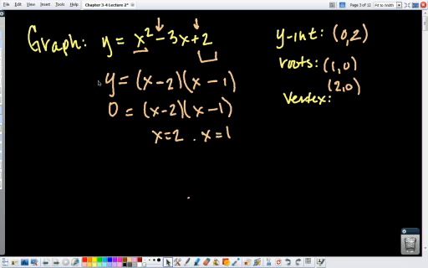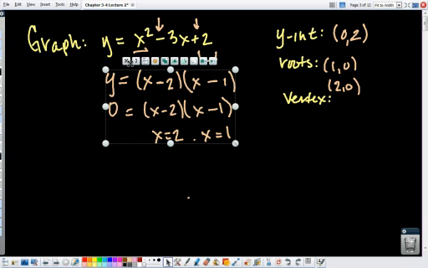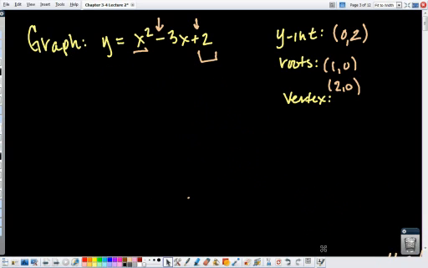Alright, let's complete the square now so that we can find the vertex. The first thing we're going to do is move 2 to the other side of the equation by subtracting. So y minus 2 equals x squared minus 3x. It's called completing the square because we are interested in making a perfect square.